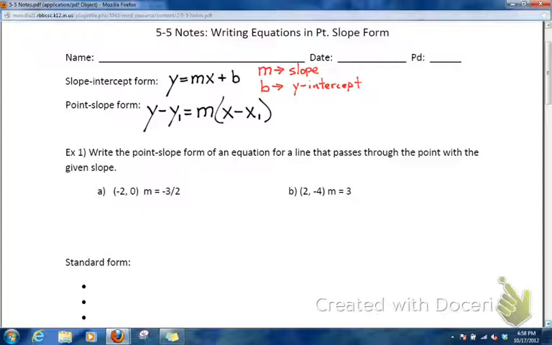The name is point-slope form, and that is because m represents the slope of the line, same as before, and in this case (x1, y1) is a point on the line.